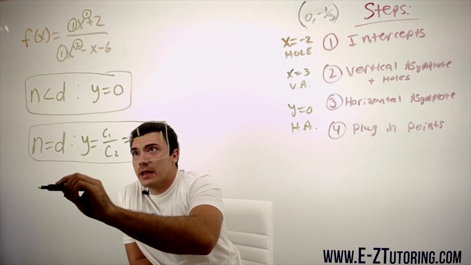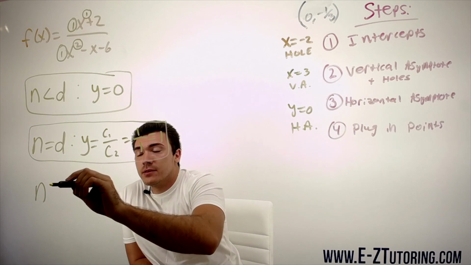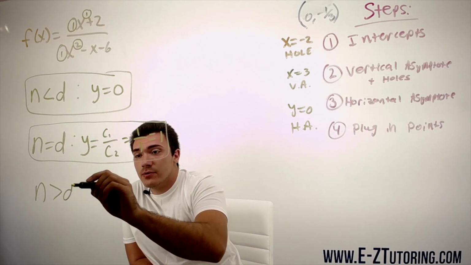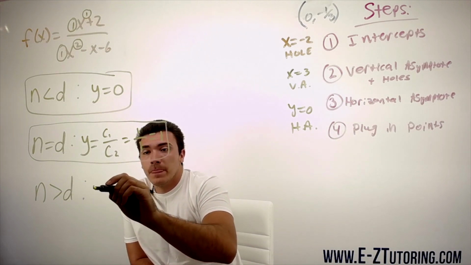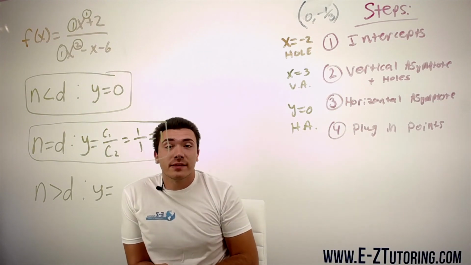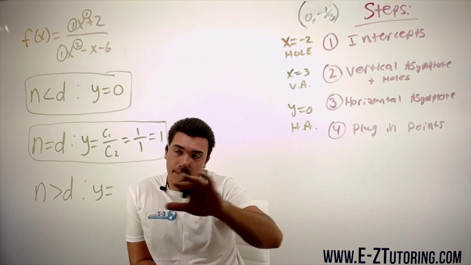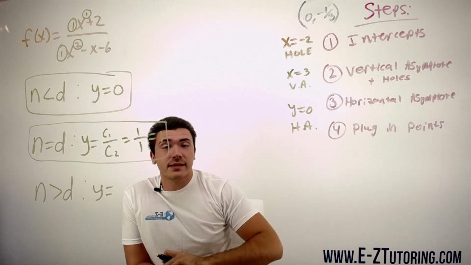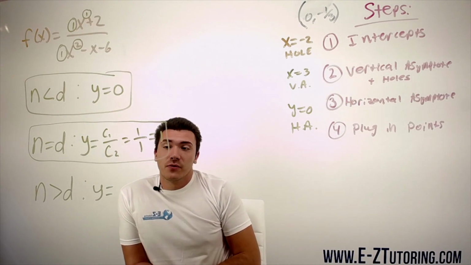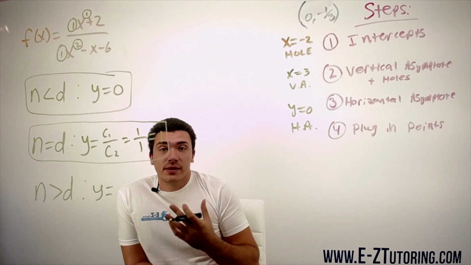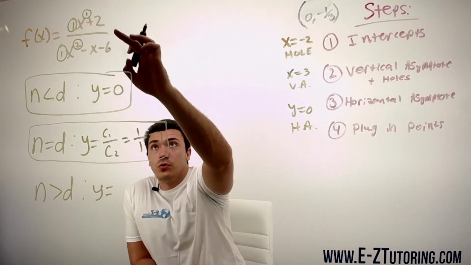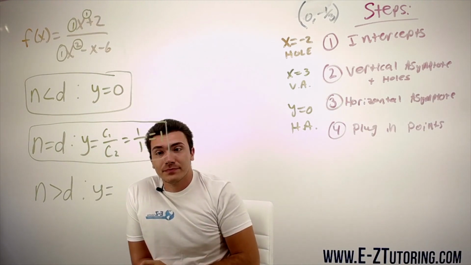Now, your very last rule is if the degree of your numerator is greater than the degree of your denominator. In that case you will have what's called a slant asymptote. Your asymptote will not be horizontal, it will actually be slanted. So in order to find that, what you do is you actually divide your numerator by your denominator.